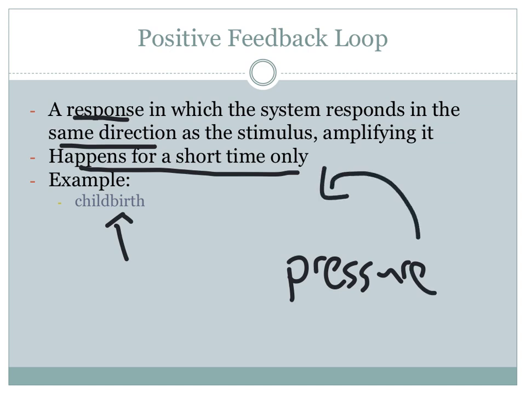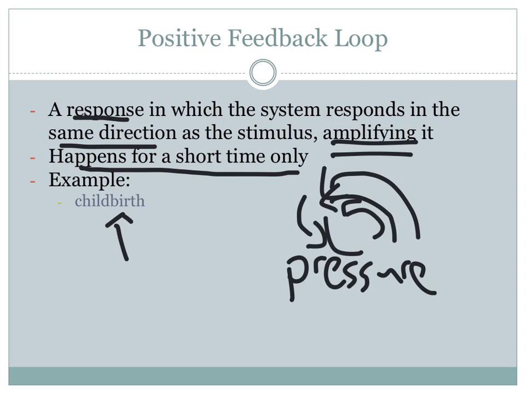And what that hormone does in the brain is send a signal back down to the abdominal muscles and the vaginal muscles and tells the body to push harder. And by contracting harder, there is more pressure from the baby's head on the cervix. And more pressure is more hormone. And more hormone is more pressure. And it's going to keep amplifying that response until the baby is born.